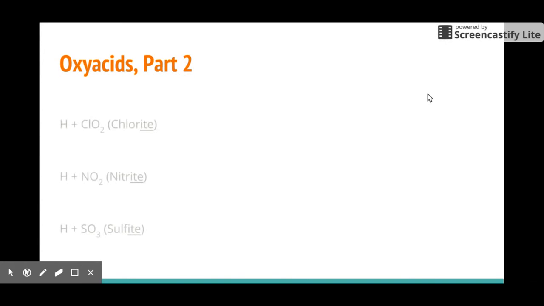Next, we have polyatomic anions that end with the suffix "ite." So, for example, chlorite, nitrite, and sulfite. These all have one less oxygen atom than their counterparts that end with "ate." I used the same three elements, so we can actually go back and look at that. So we have chlorite as ClO2, NO2, and SO3.